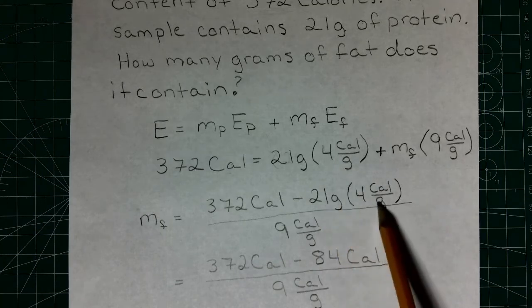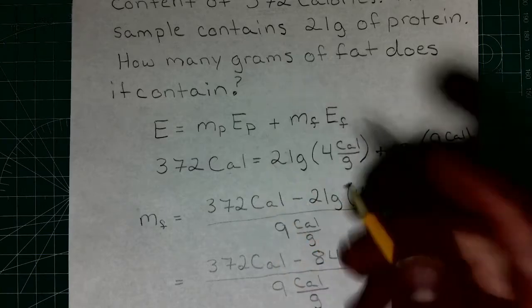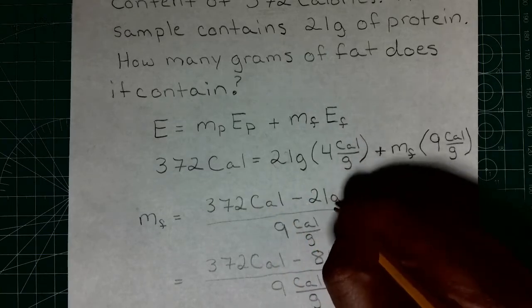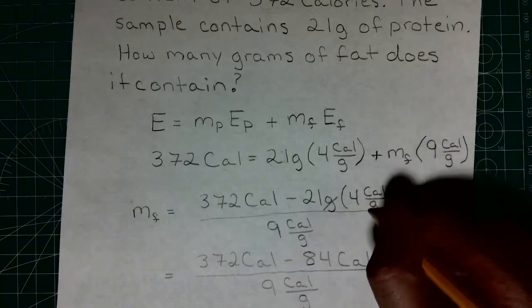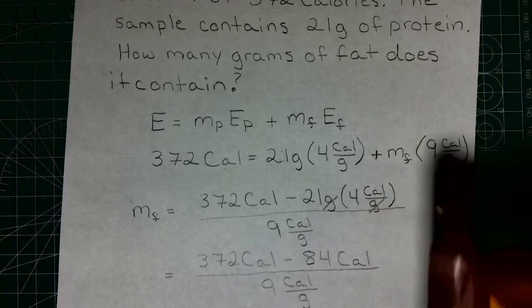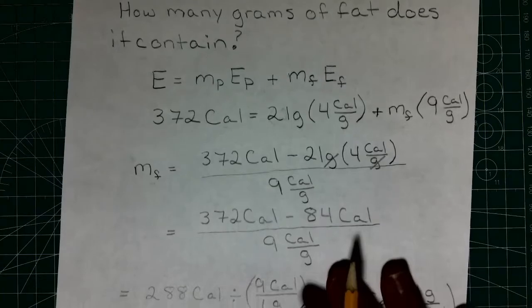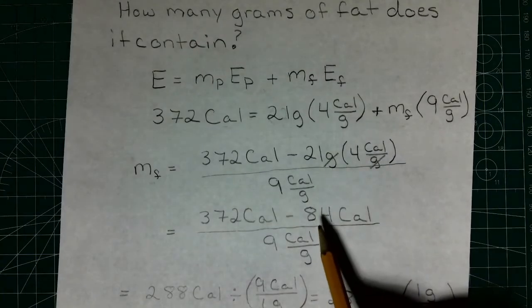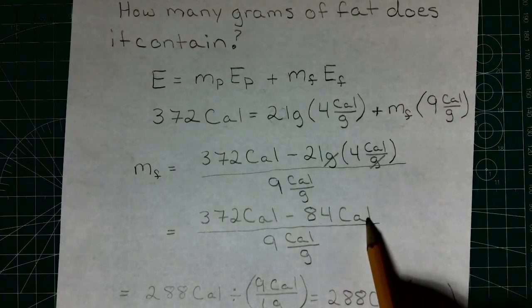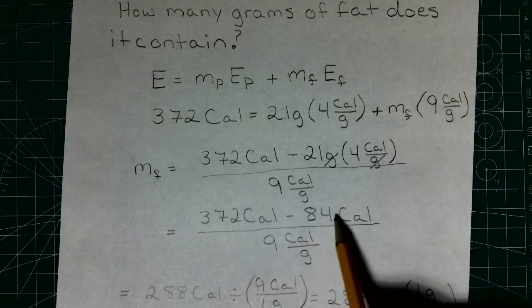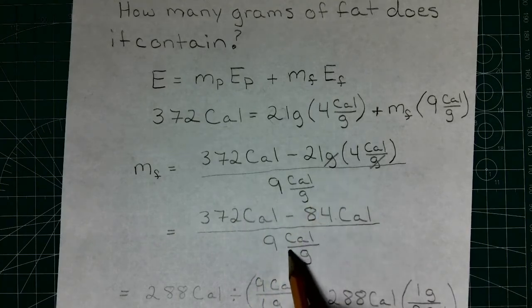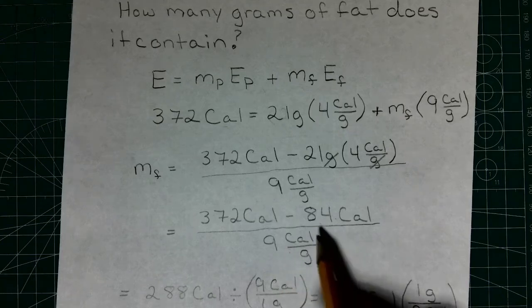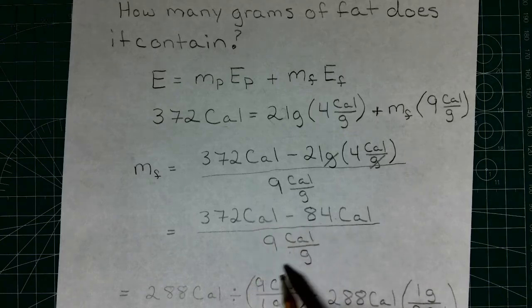If I do this math here, I'm going to cancel these grams, and I'll see that 21 times 4 is 84. I'm left with calories, so now I have calories in the numerator, and I just have to figure out how to handle the units and do this division here.